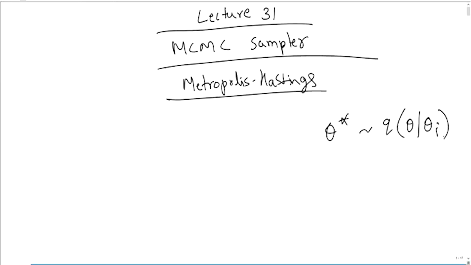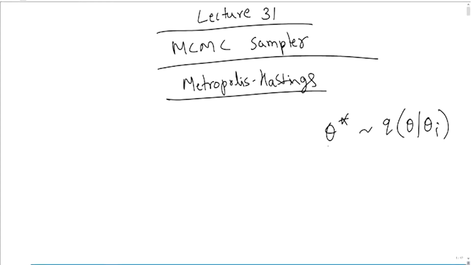That means the sample that you have already collected from the posterior, because you are continuously collecting these samples from the posterior distribution, right? So we will generate the next proposal based on a sample that you have already collected from the posterior. So this is a posterior sample that you have just previously sampled. Okay. So that's how we do proposal generation.